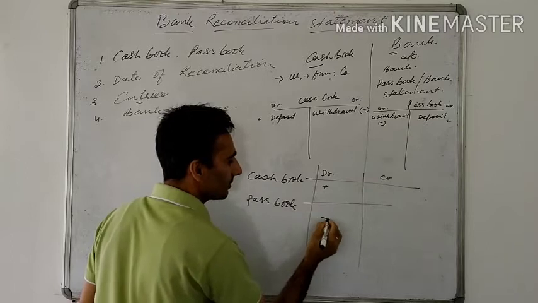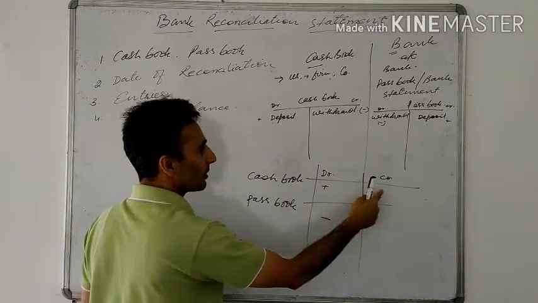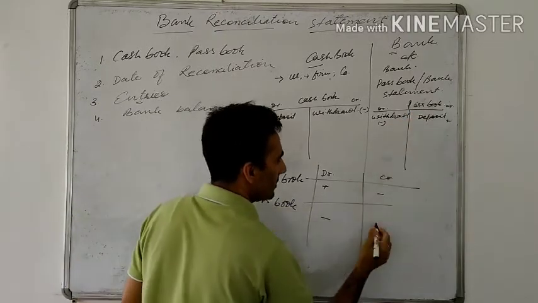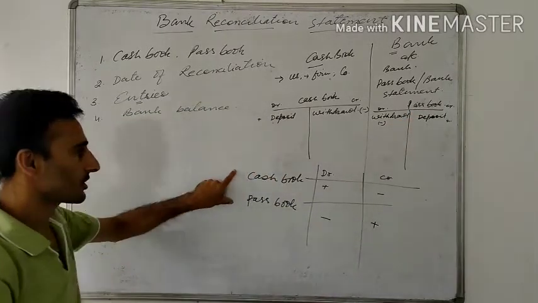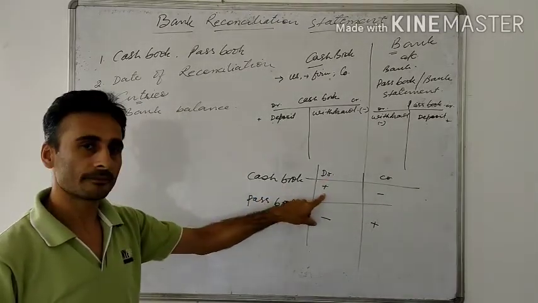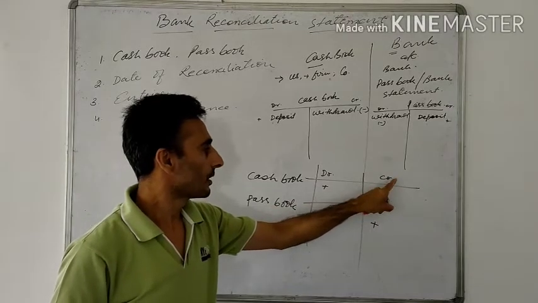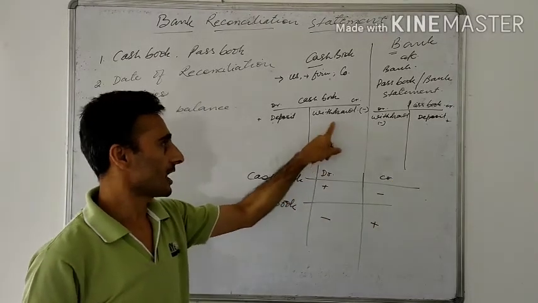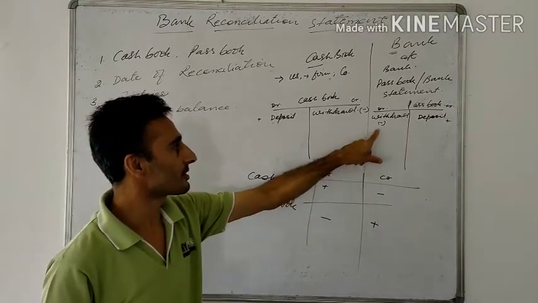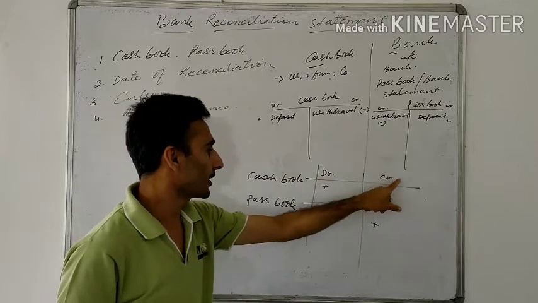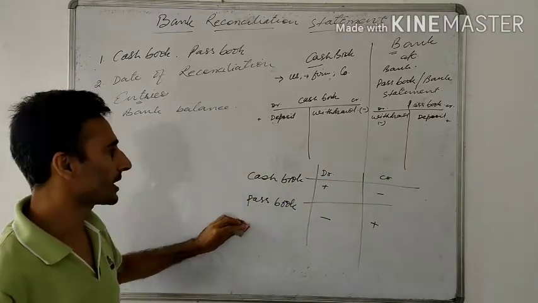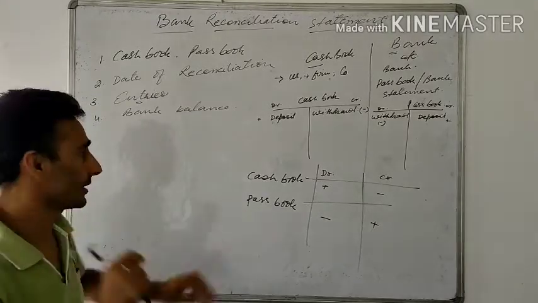Cash book credit means minus, and passbook credit means plus. This is a very important concept. Debit for the cash book means plus, and credit for the cash book means minus, as explained here. Similarly, debit in the passbook means minus, and credit in the passbook means plus. This is an important concept that we have to understand.